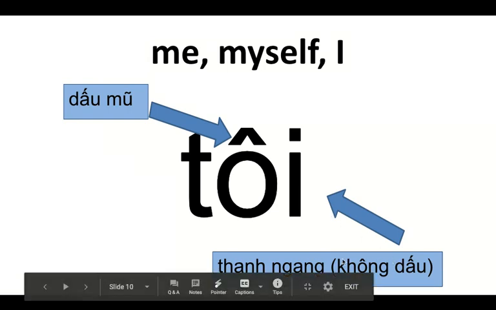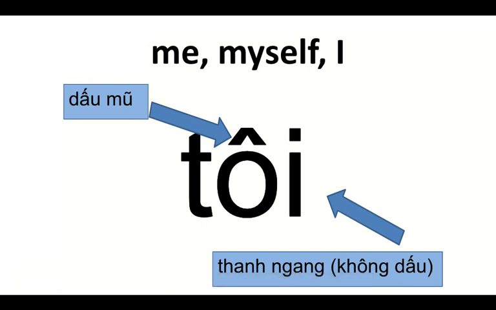Because this accent mark category are the tonal accent marks, and the dấu mũ is a letter accent mark. So that's why there are differences. So in this word, you say không dấu, right? But we're talking about the tonal accent marks when we say không dấu. This does have dấu mũ.